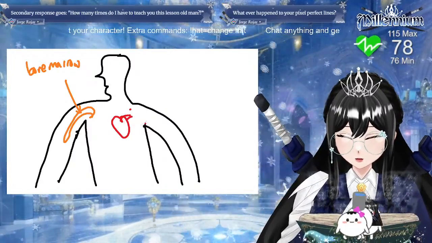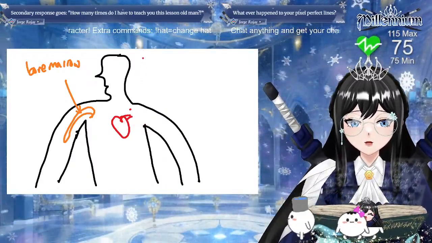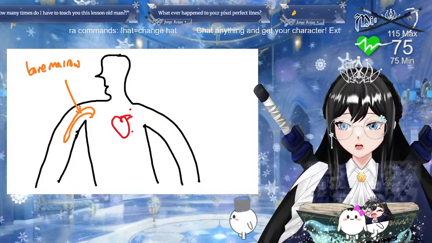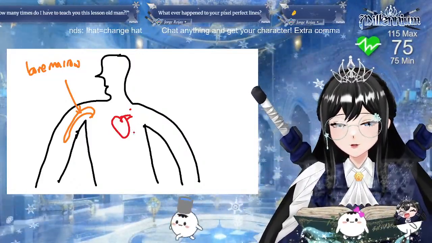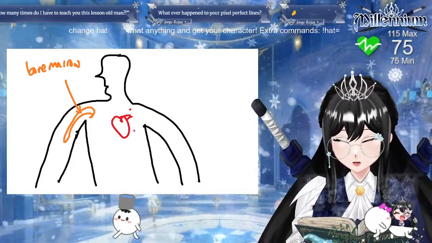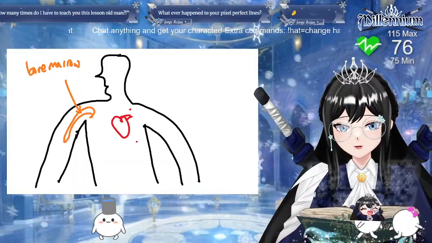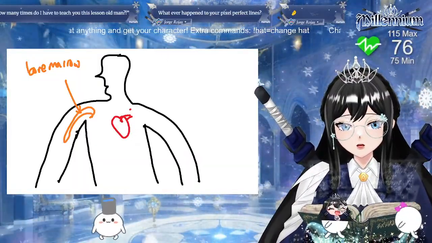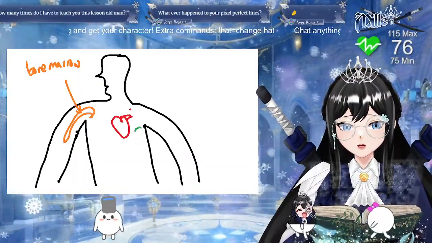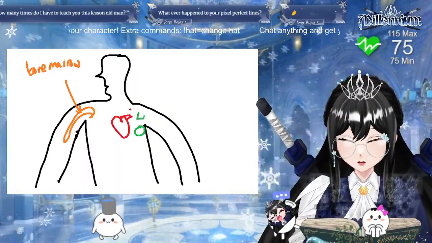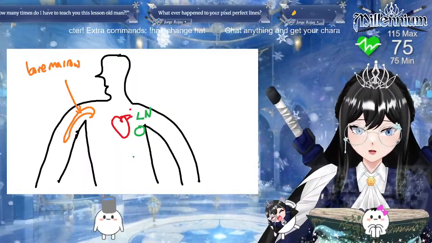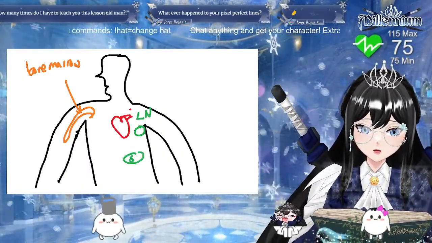Where's the spleen? Not yet. Then you have the lymph node. I'll just draw them all in the same way. Yeah, this is Picasso level. Van Gogh. That's the heart. And I'll draw green for lymph node. Green, not red. That's the lymph node. And then you have the spleen over here.